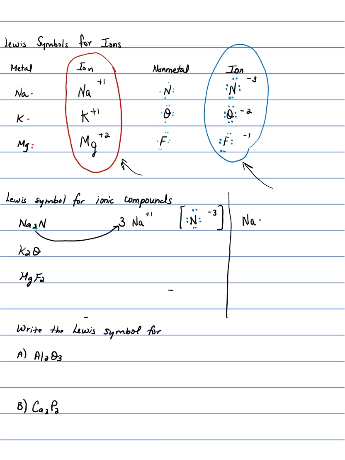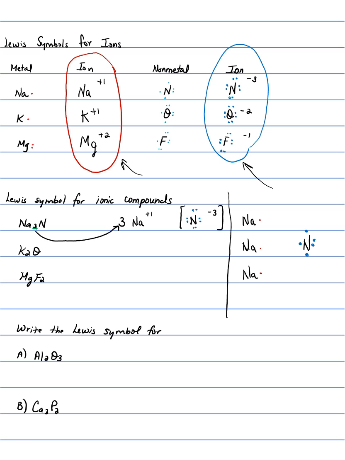So I'm going to write down the same thing 3 times. The ion of nitrogen has a charge of -3, right? But nitrogen, as it is in the periodic table, you have 5 valence electrons.